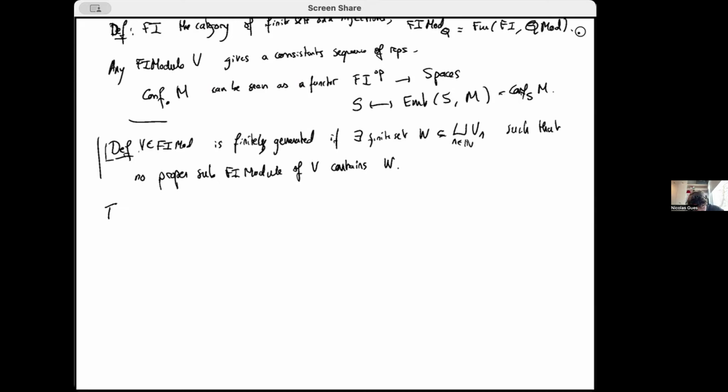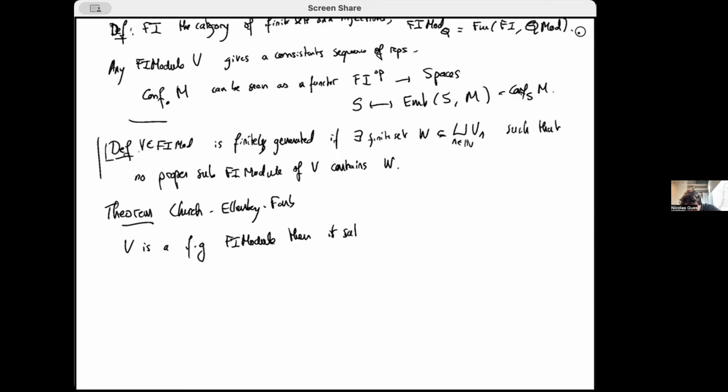Okay, and a theorem, this time it's a real theorem by, I think it was Church, Ellenberg, and Farb. And you can show that if V is a finitely generated FI module, then it satisfies multiplicity stability.